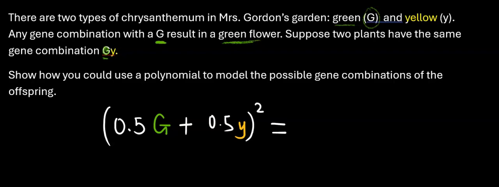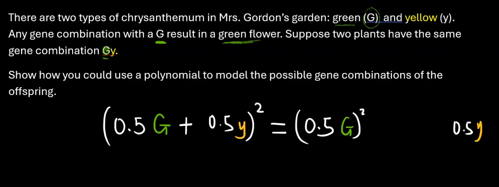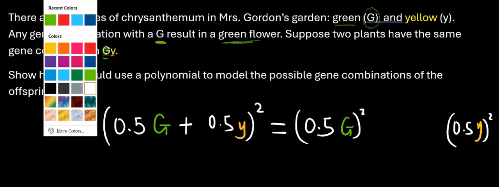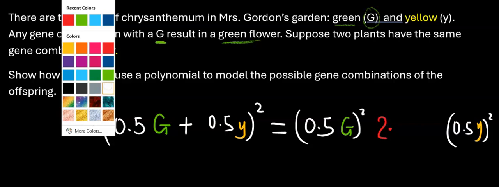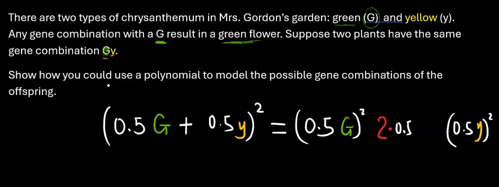Remember, the first term squared. So first term squared. And the second term also squared. Second term, that is our y, and squared. What is the middle term? The middle term is, let's get a different color, because we're going to times 2. 2 times the first term, that's our green, times y.